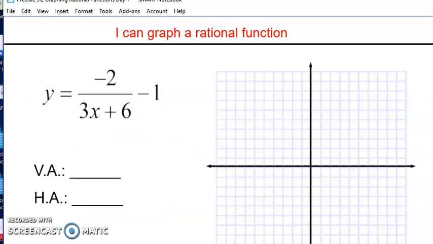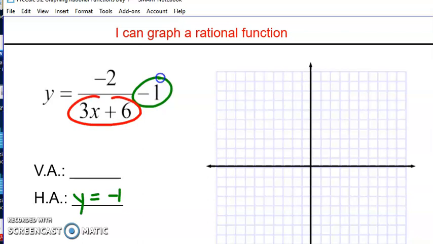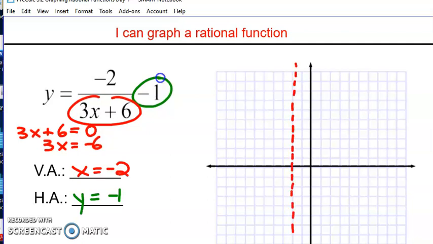So we're going to start out with our horizontal, then go to our vertical. If I go 3x plus 6, 3x equals negative 6, our vertical is negative 2. Our horizontal is negative 1.